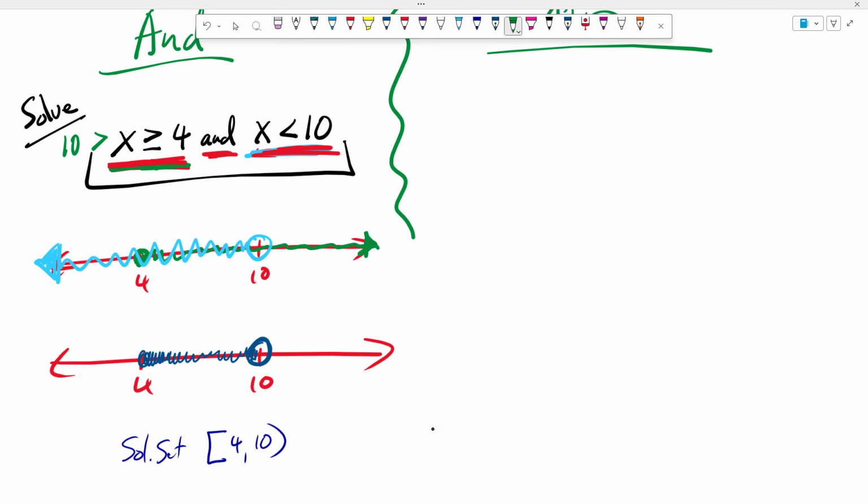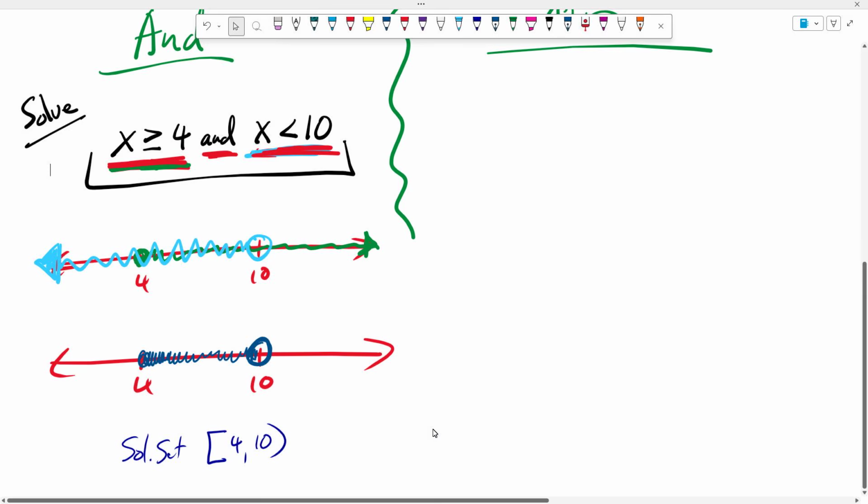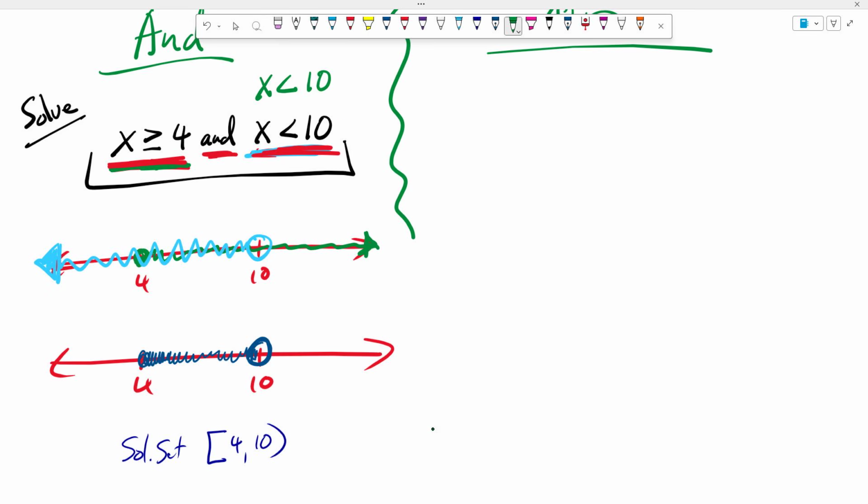That's not the best way of writing it. Let's do it this way. That's this guy right here, right? And if I flip this guy around, it's the same thing as 4 is less than or equal to x. So we can just put this guy right here.